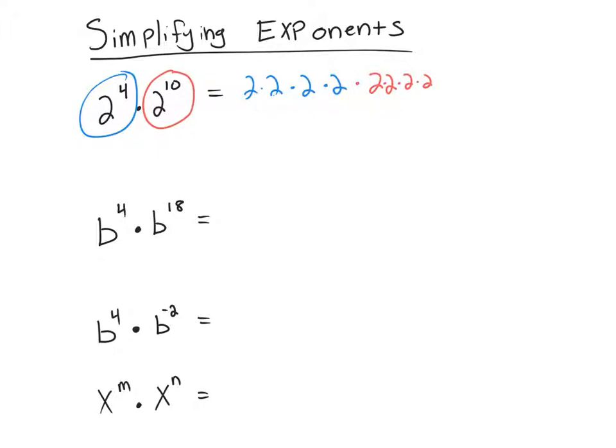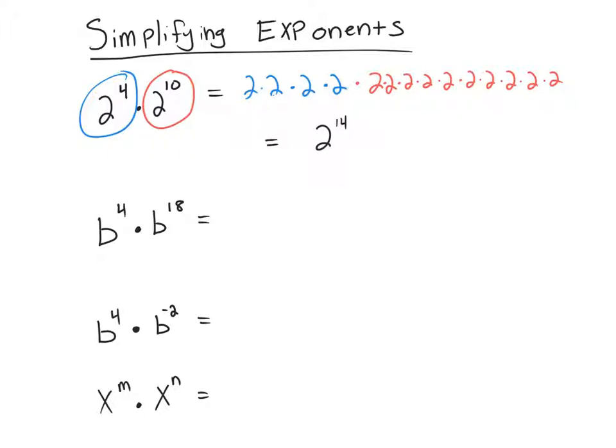How many 2's do we have? Well, if I go here and I count 1, 2, 3, 4, 5, 6, 7, 8, 9, 10, 11, 12, 13, 14, there are 14 2's. So I can rewrite this thing as 2 to the power of 14.